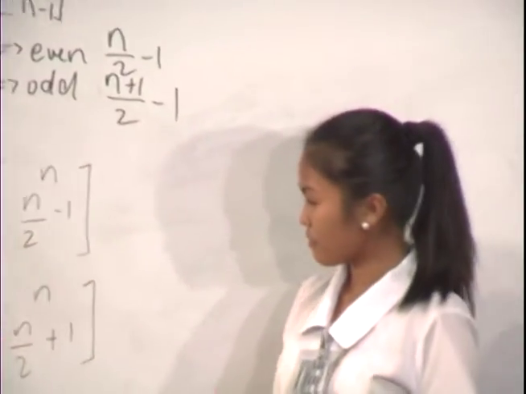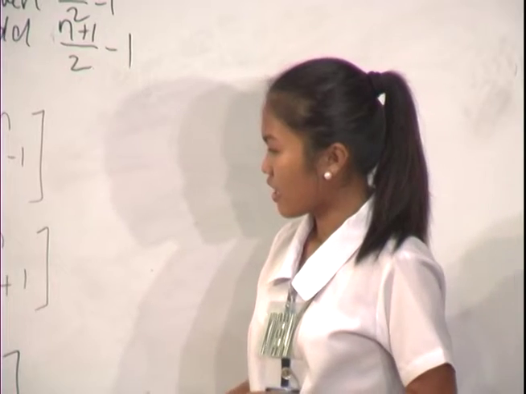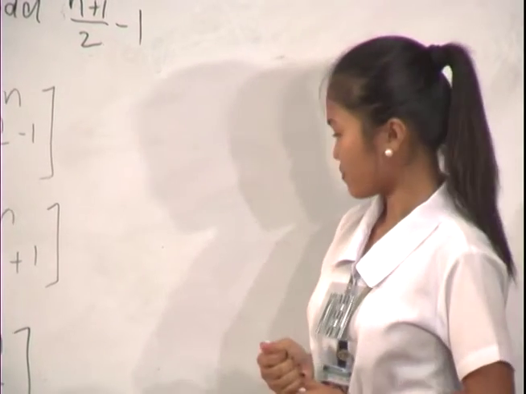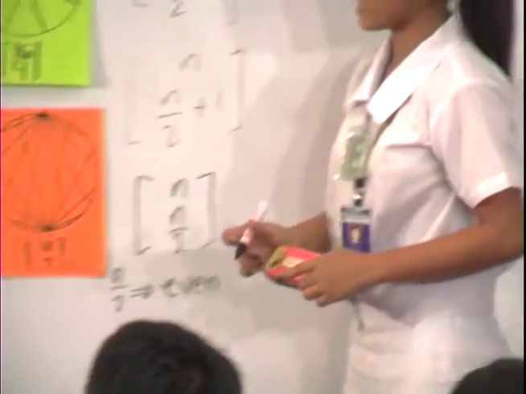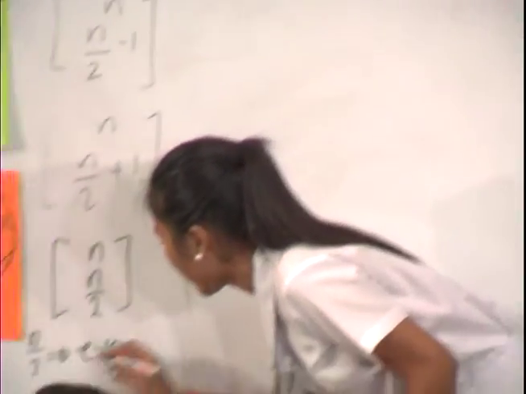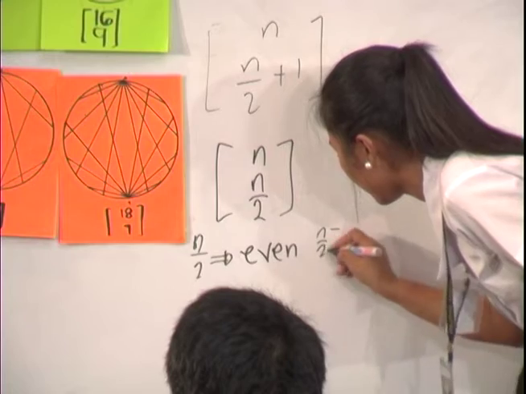And we noticed from the graphs we have made that it looks like a set of chords coming from point n over 2 or point 0. So if n over 2 is even, the number of chords is n over 2 plus 1.